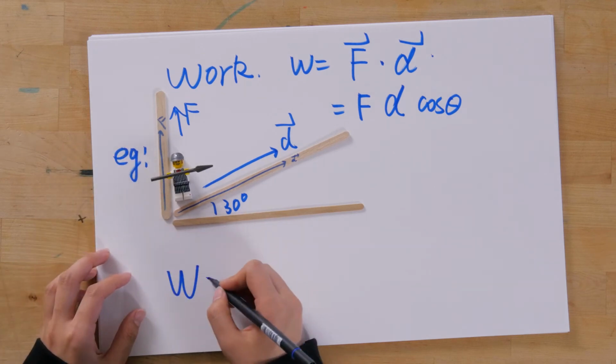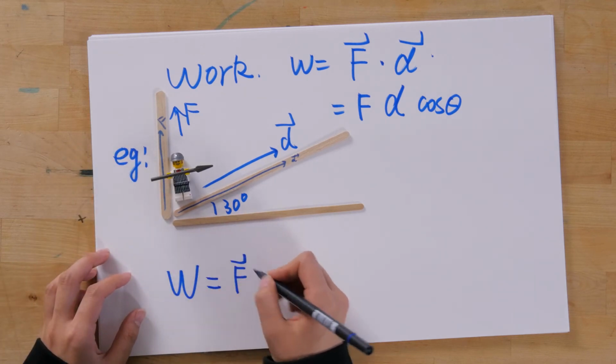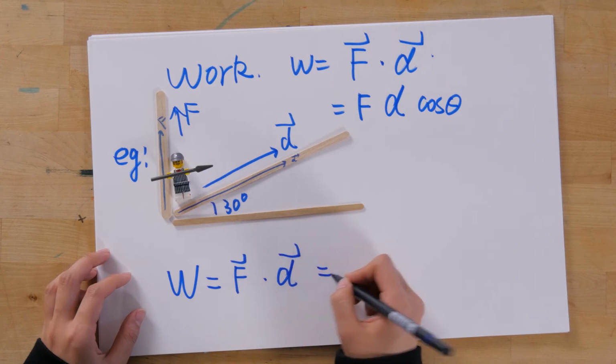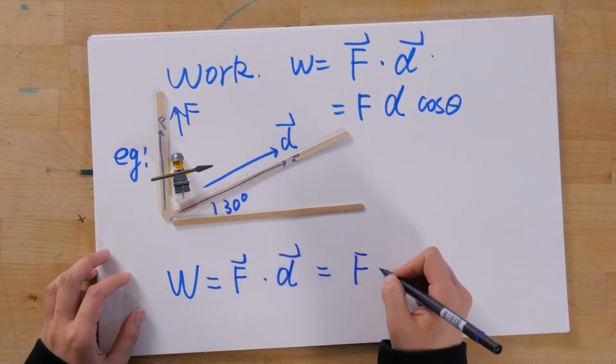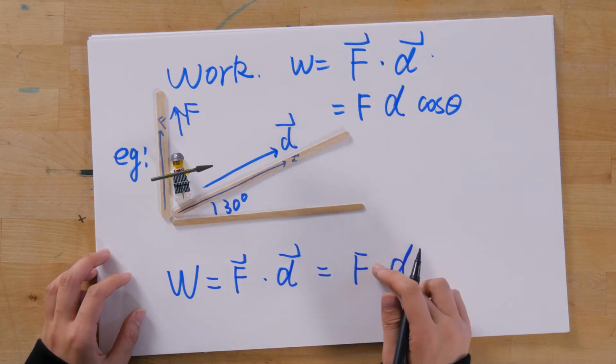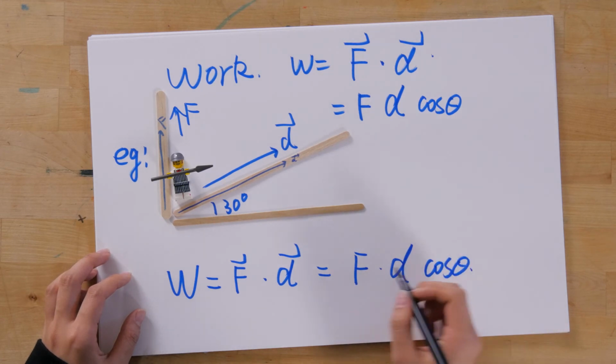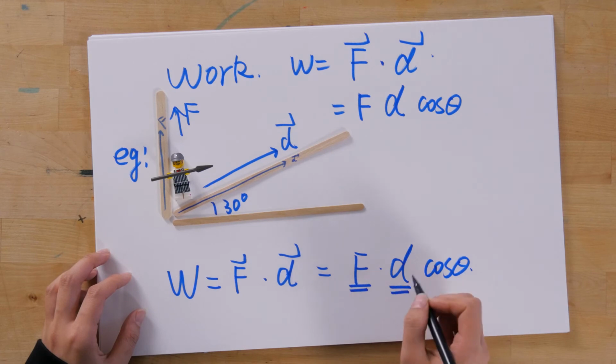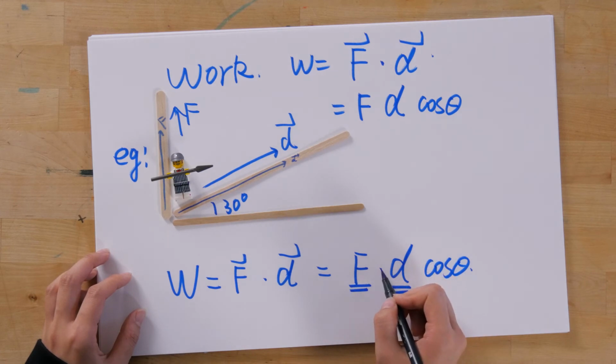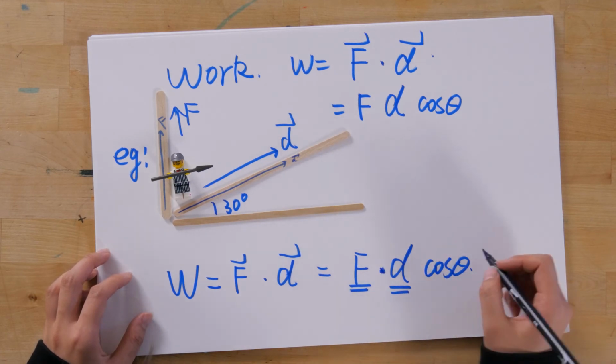Work in this case would be equal to force dot displacement, equal to the magnitude of the force times the magnitude of the displacement times cosine theta. So this is just the magnitude times the magnitude, it's not a dot product here.